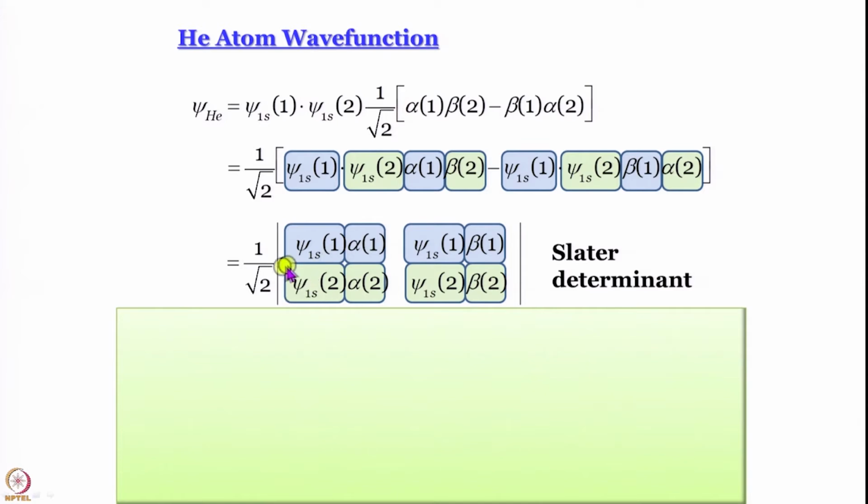Let us look at the first column now, psi 1s 1 alpha 1, psi 1s 2 alpha 2. So, psi 1s alpha, that is your spin orbital, has remained the same when you went from top to bottom. What has changed is the electron label, from 1 to 2, and the same here.